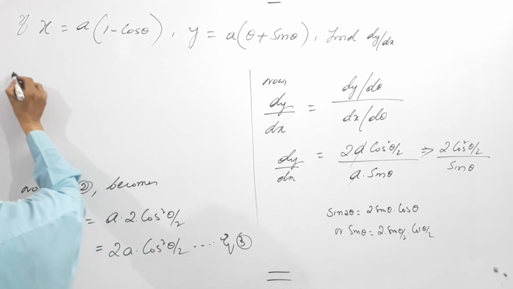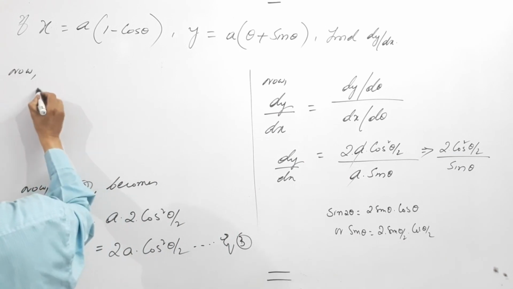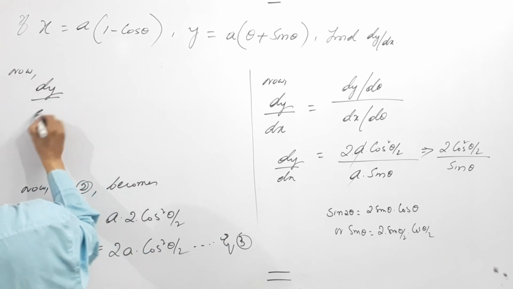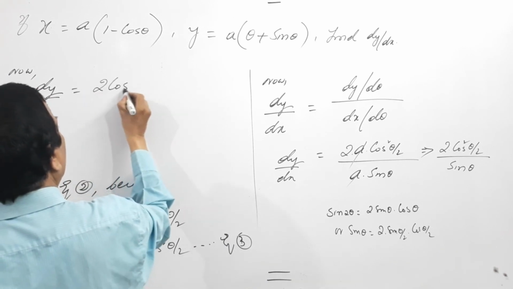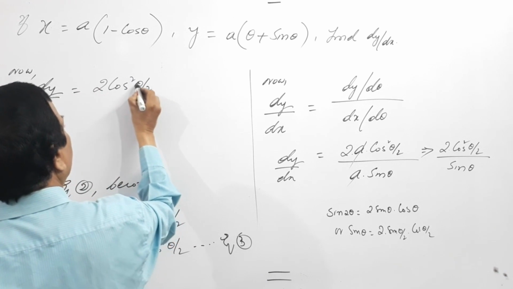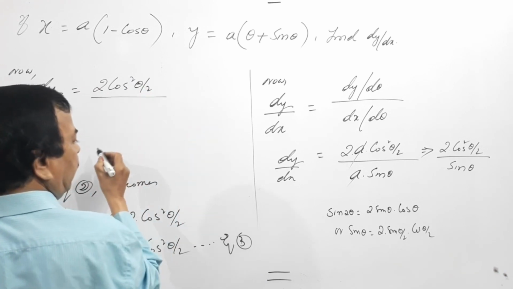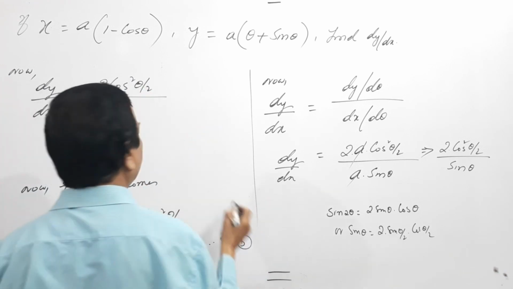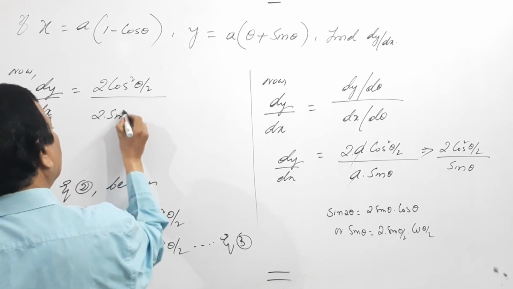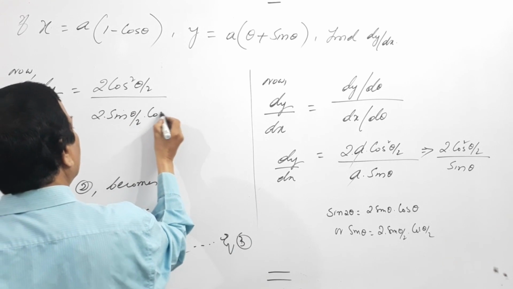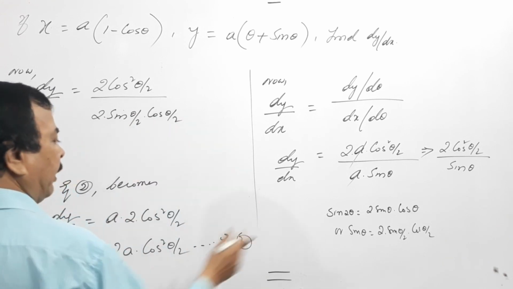So now dy by dx equals 2 cos square theta by 2 divided by sin theta, which is 2 sin theta by 2 into cos theta by 2, half angles.